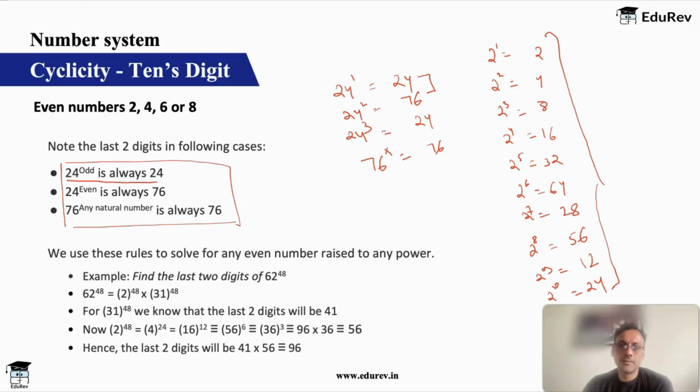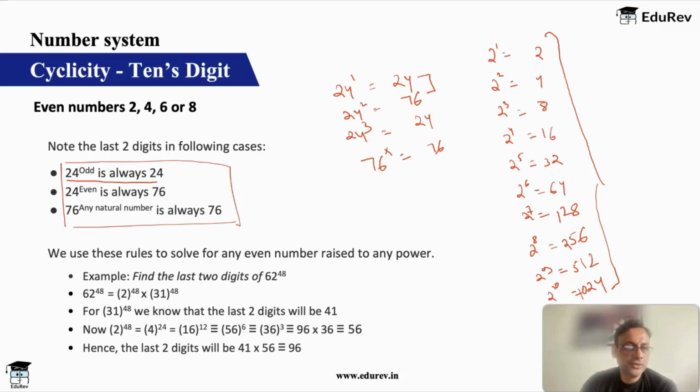Okay, we can write all the numbers so that you remember. But what is important for us are the last 2 digits. So 24 raised to odd power is 24, 24 raised to even power is 76, and 76 raised to any power is 76. That's the first thing that we remember. And then basically what do we do?